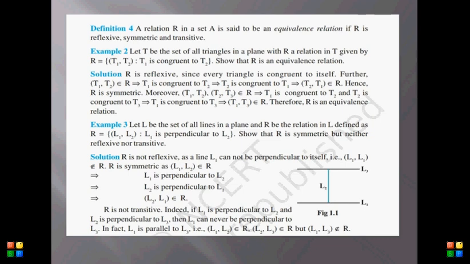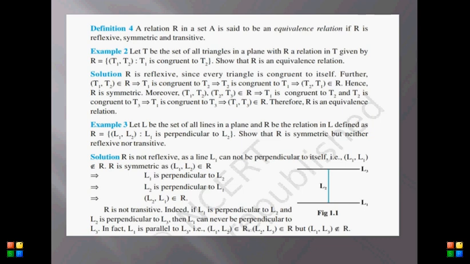R is not reflexive, as a line L1 cannot be perpendicular to itself; (L1, L1) does not belong to R. R is symmetric, as (L1, L2) belongs to R, so L1 is perpendicular to L2. This implies L2 is perpendicular to L1, so (L2, L1) belongs to R.